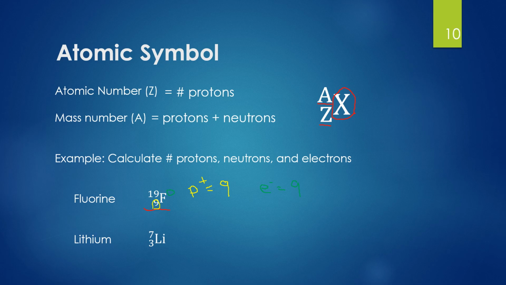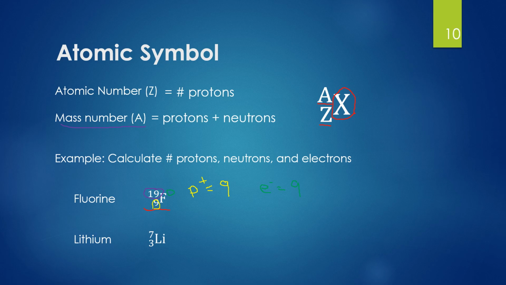Now, last but not least, to figure out the neutrons. So we know what the mass number is because they give us the mass number in this upper left-hand corner. So the mass number of this particular fluorine atom is 19. And remember, mass number is the protons plus the neutrons.